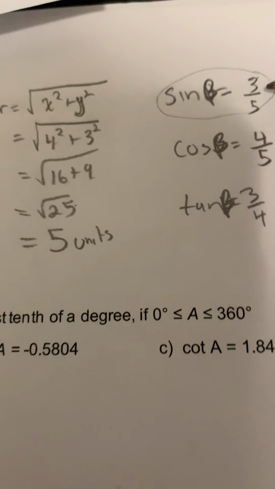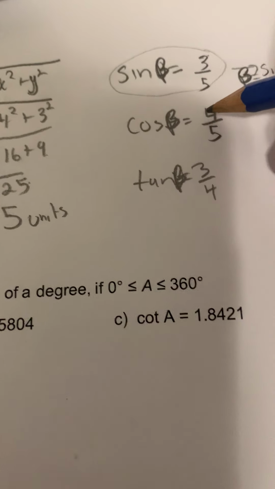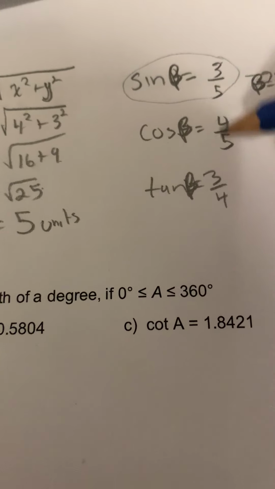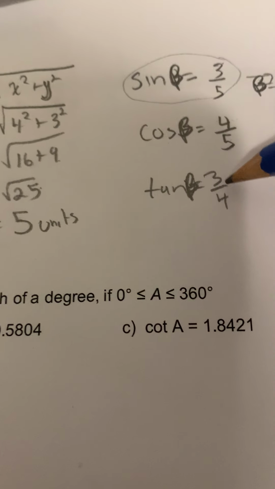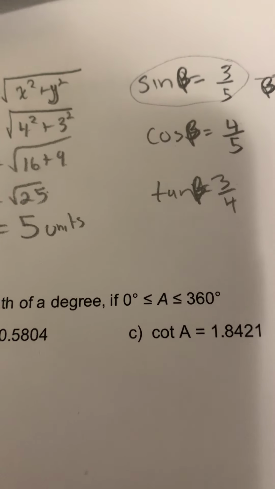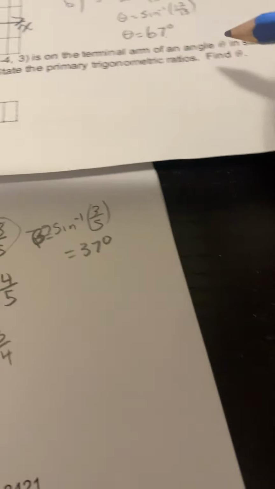Sine is y over r, so 3 over 5. Cos is x over r, so 4 over 5. And just lose the positive values, it's fine. And tan is y over x, so 3 over 4. The question actually asks us to find theta, but we can't find it right now.